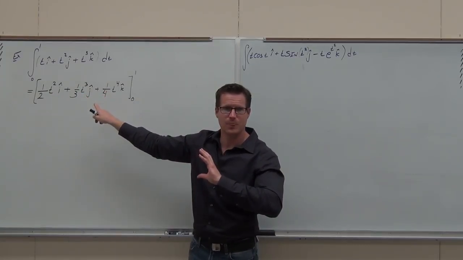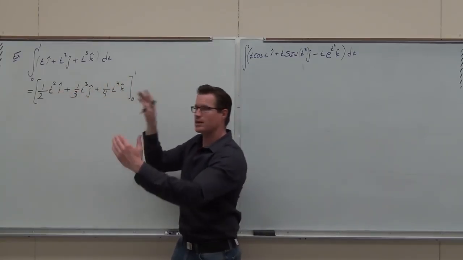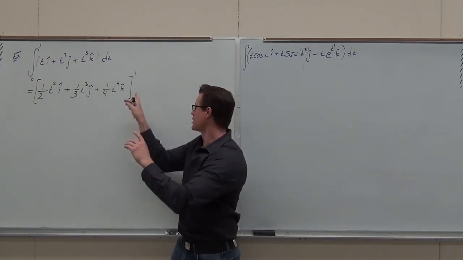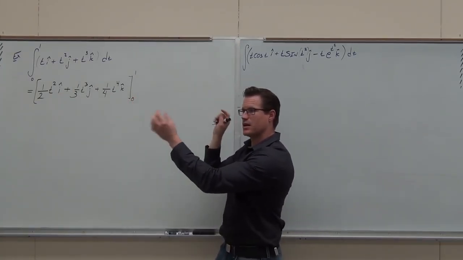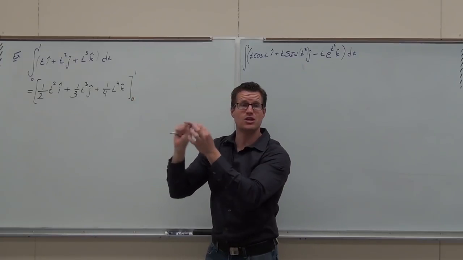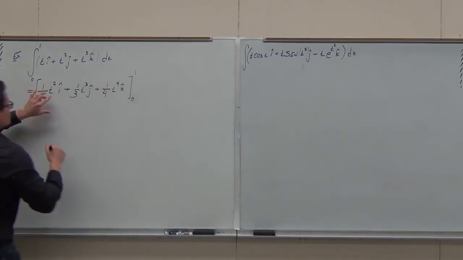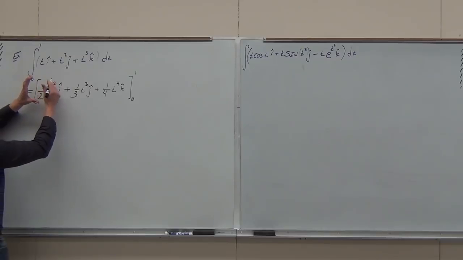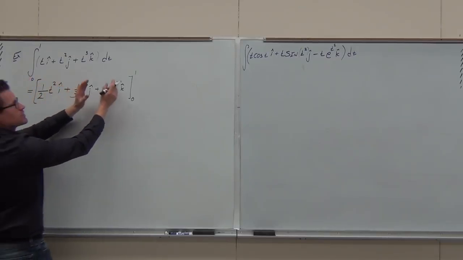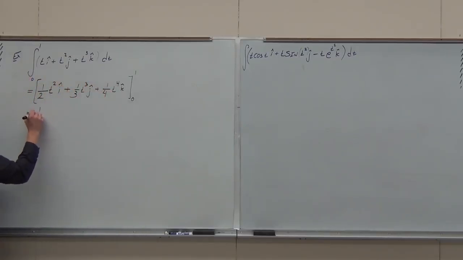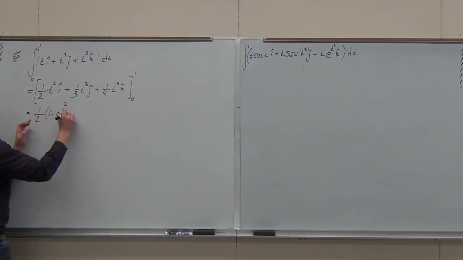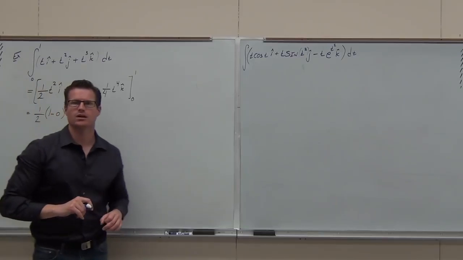I'll say that again. Don't plug in 1 and get one vector, and then plug in 0 and get another vector, because then you have to recollect i's, j's, and k's. So take this individual thing as a function, this as a function, this as a function, plug in 1 minus 0, squared, with the i. That works just as well, it works faster.